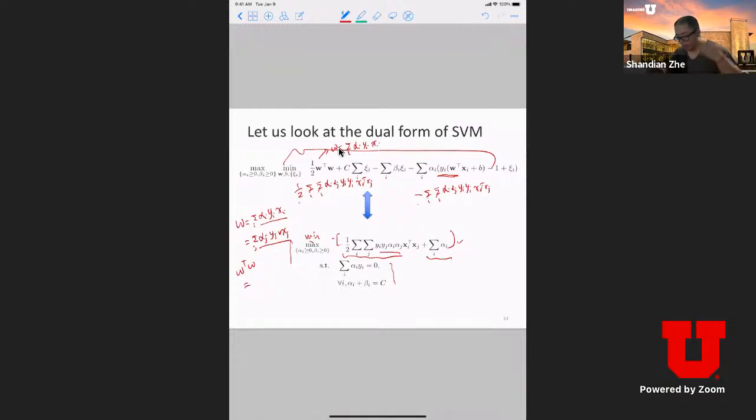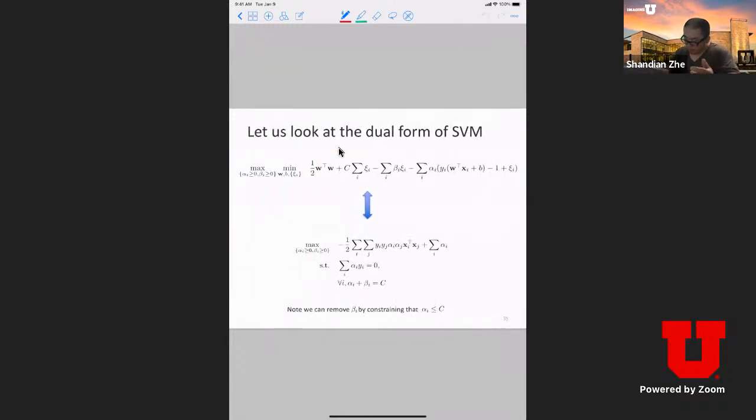Right? And another thing, we find that in this simplified objective, we actually do not have Lagrange multipliers for beta i's. You see that they are all about the Lagrange multipliers alpha i's, alpha 1, alpha 2 to alpha big N, suppose big N is the number of training examples. And beta i does not explicitly affect the training objective. Beta i only appears in a constraint.